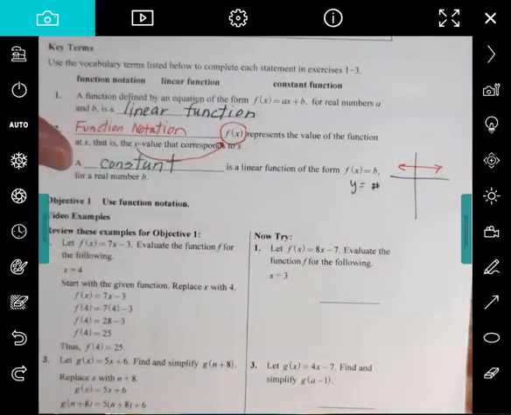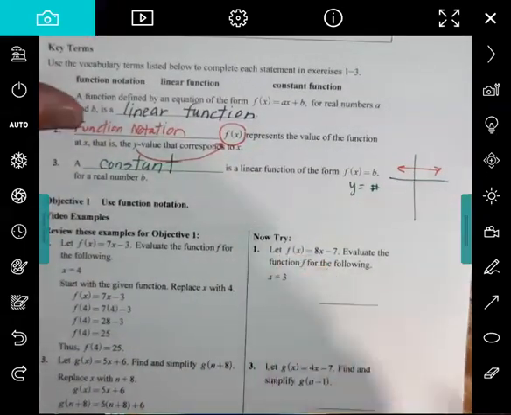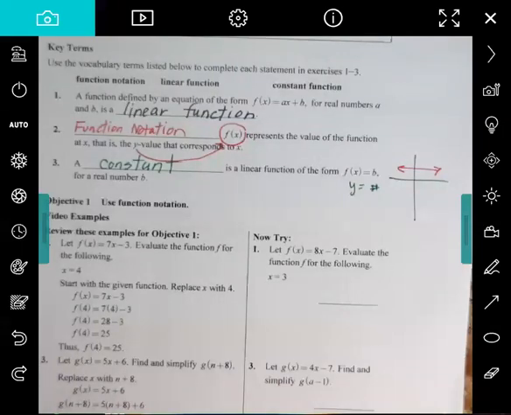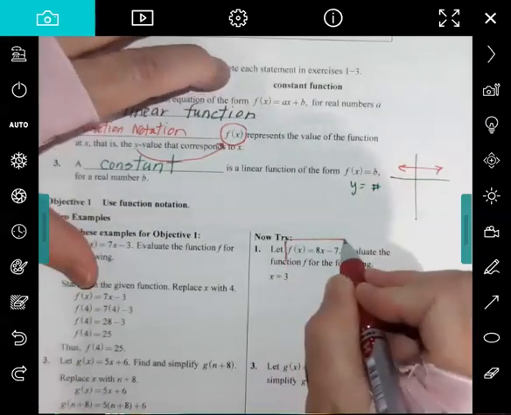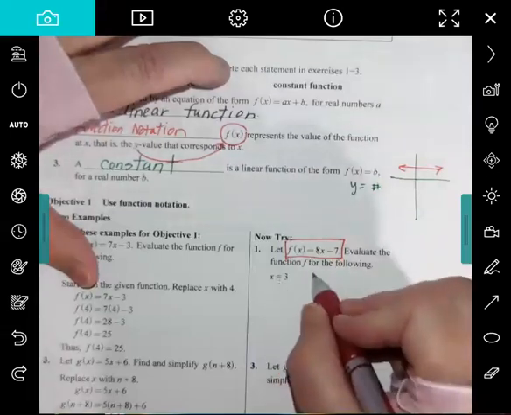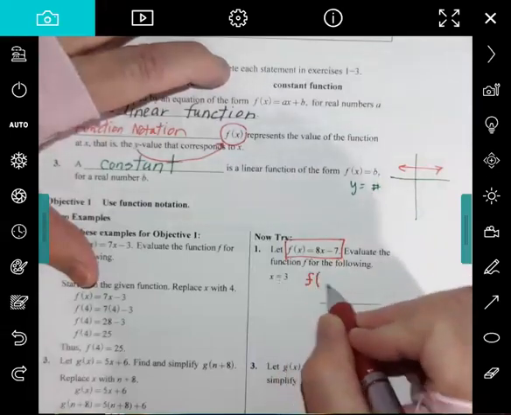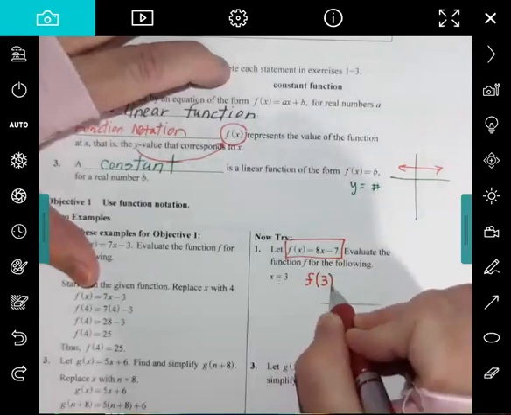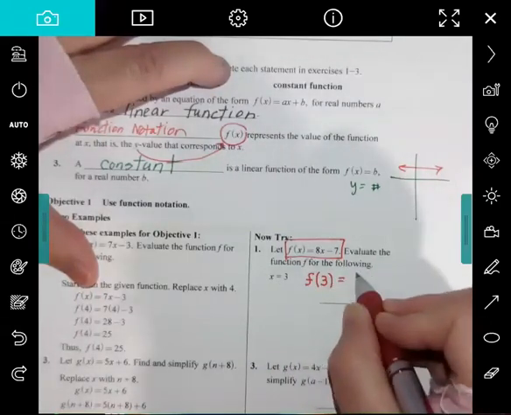Okay, moving on. Here is our function. I'm going to block it off in pink because it helps me visually. Evaluate it when x is 3. So they're saying take this function, figure out when you put a 3 in for x, what the y value is.